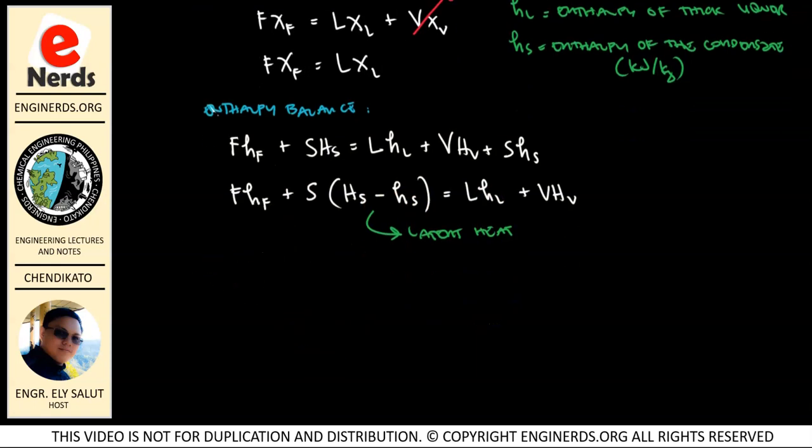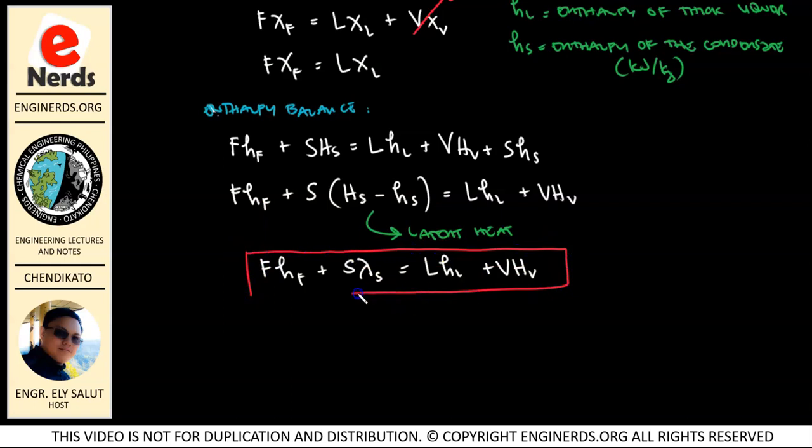Okay, so basically we can also write this as FHF plus S, then the latent heat of our steam, and this is equal to LHL plus VHV. Okay, so basically this is our enthalpy balance, no, sa ating single effect evaporator.